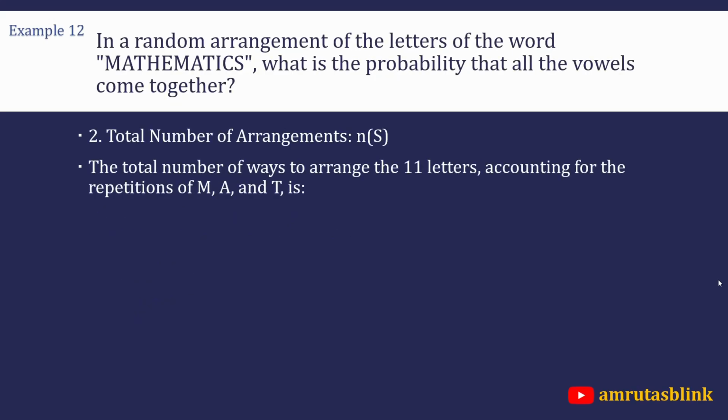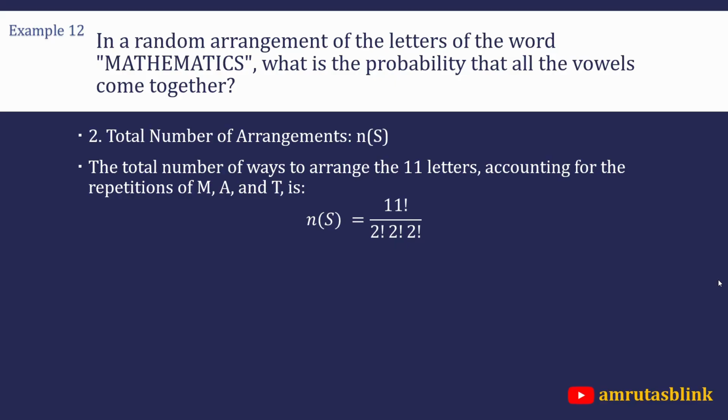So first of all, now we will find out the total number of possible arrangements. So the total number of ways to arrange 11 letters. See, if no letter is repeated in this particular word, then how many total arrangements are possible? That is 11 factorial. But M appears twice, A appears twice, T appears twice, so because of those same letters, those particular arrangements will be exactly the same.